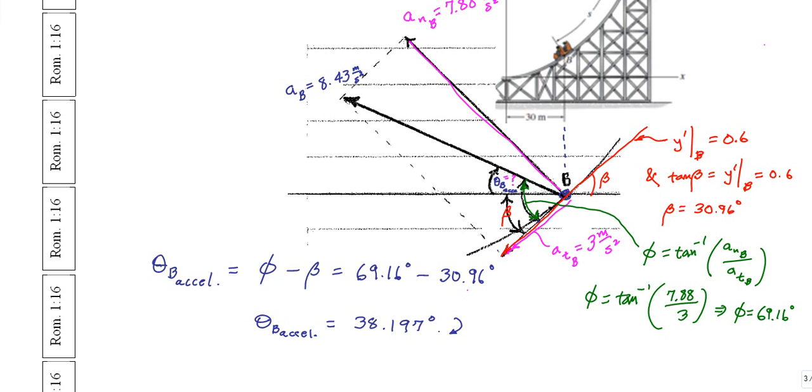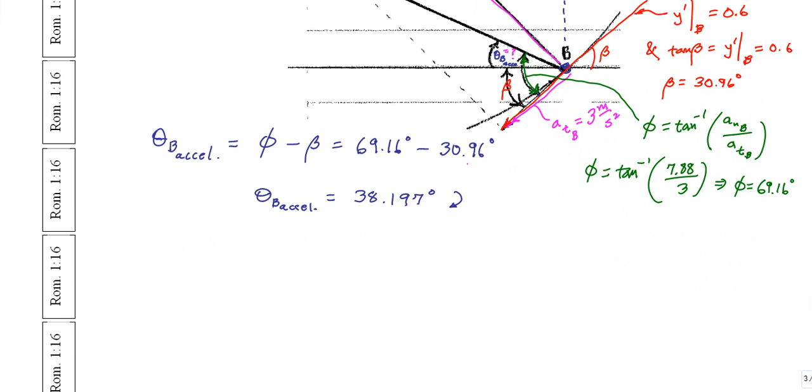And so let's go ahead and summarize what we found. The answer to this question is going to be the total acceleration at B is 8.43 meters per second squared.